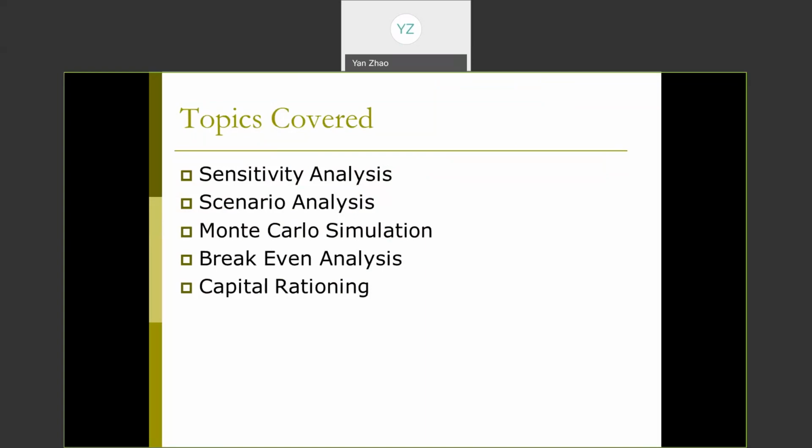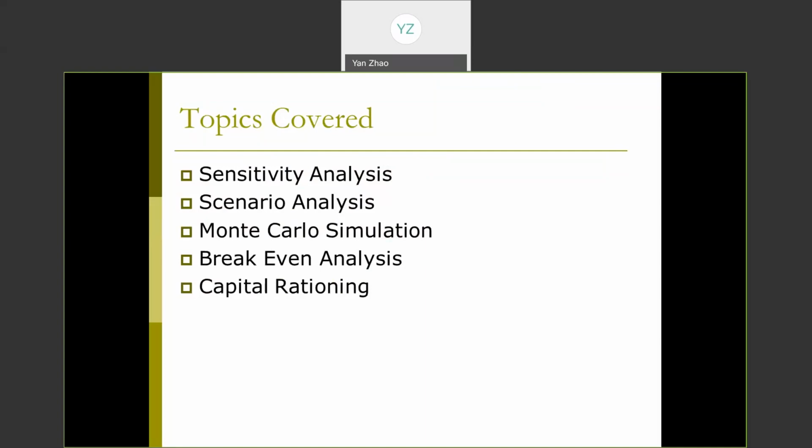The first one is called sensitivity analysis. We are going to test how sensitive your decision is to the change of one single variable. The second one is called scenario analysis, which means we are going to check your decisions based on a change of a combination of variables.